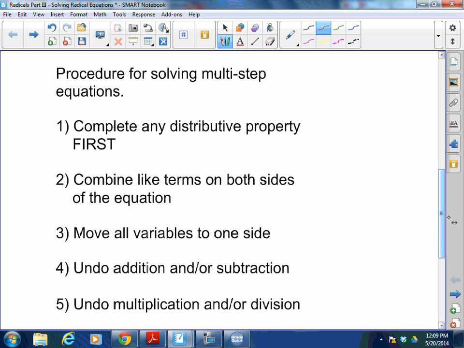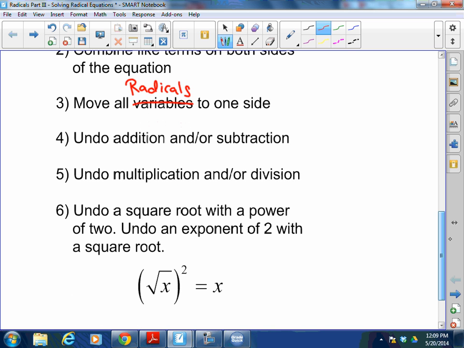In this particular case, we're dealing with variables that are in square roots. So why don't we go ahead and alter this. Move all radicals to one side. Undo addition and or subtraction, undo multiplication and or division, and last but not least, after you're done with all of those steps, you're going to be left with a radical when you're dealing with radical equations.